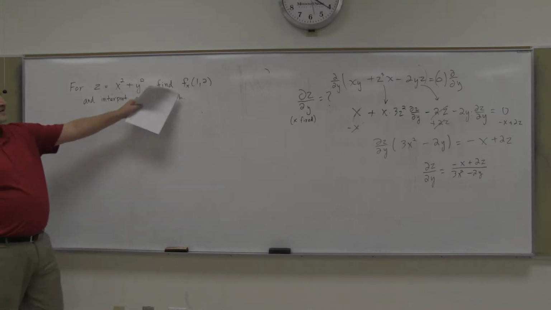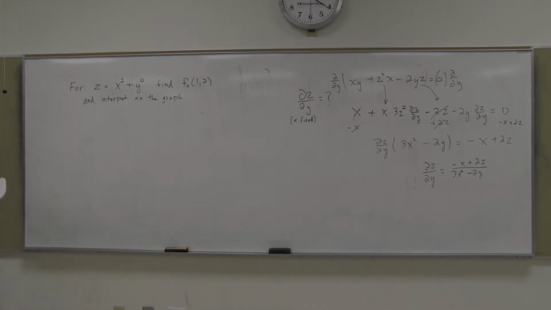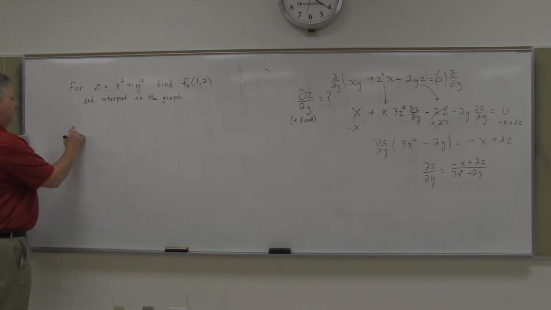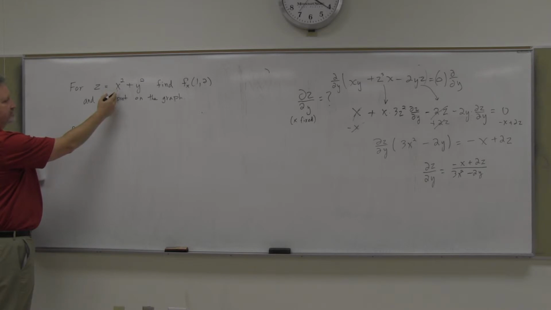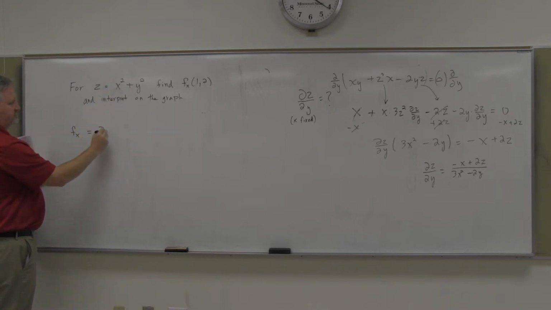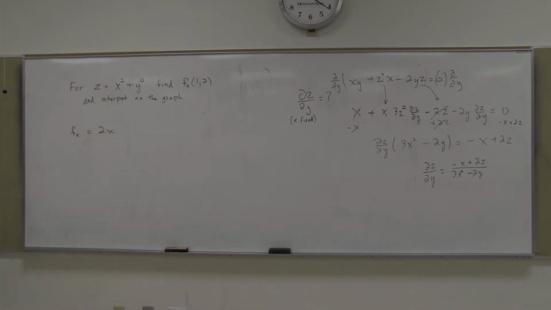Well, finding these is fairly, hopefully, really simple. The partial of f with respect to x, we're just keeping x as what we're doing the derivative with respect to. So the y is fixed, so this is just 2x, right?